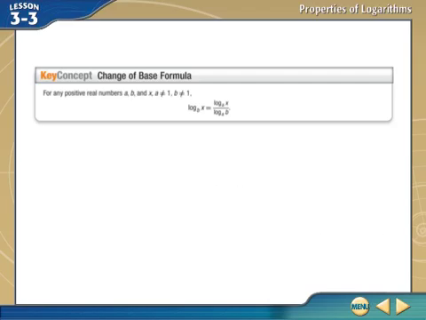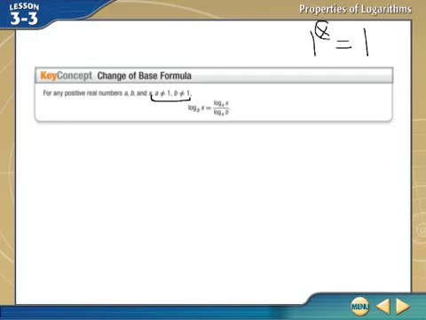The change of base formula is for any positive real numbers a, b, and x such that a cannot equal 1 and b cannot equal 1. We've already discussed that the base of a logarithm has to be greater than 1 or between 0 and 1. You cannot have a base of 1 because 1 to any power gives you 1.